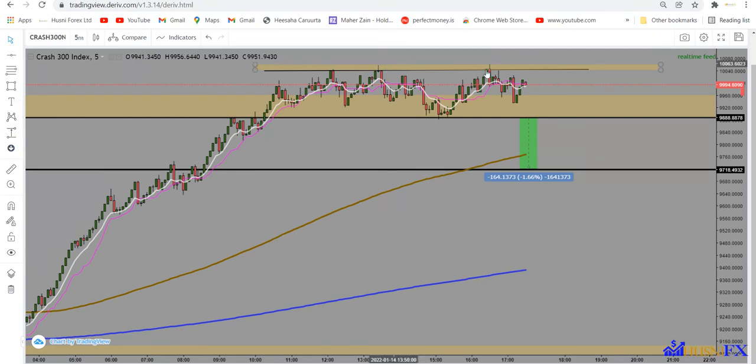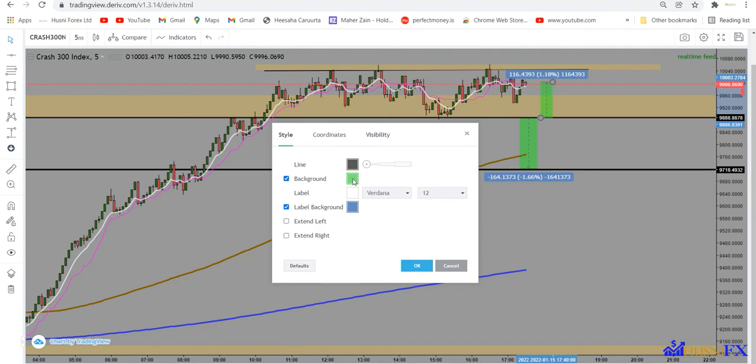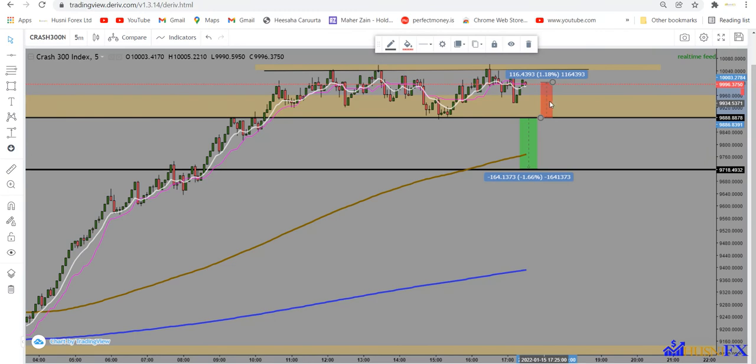For example, if your entry is at this zone, you can risk like 1 to 2. So there is your SL point.